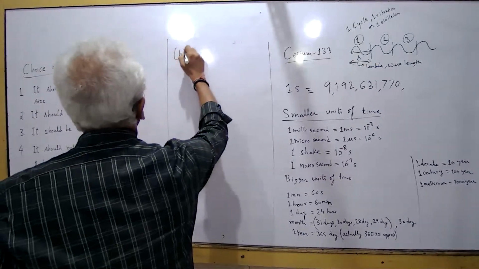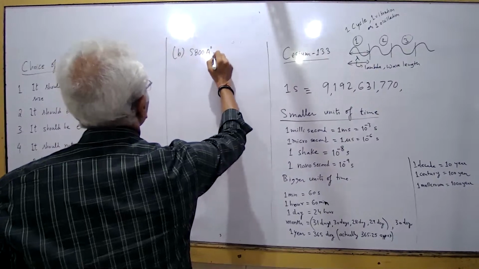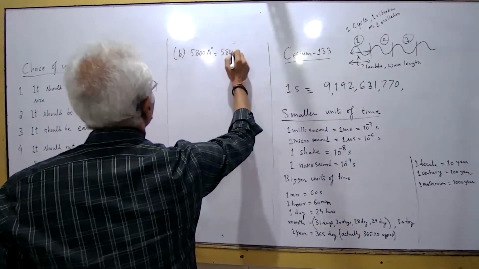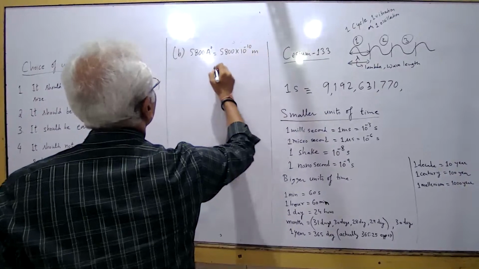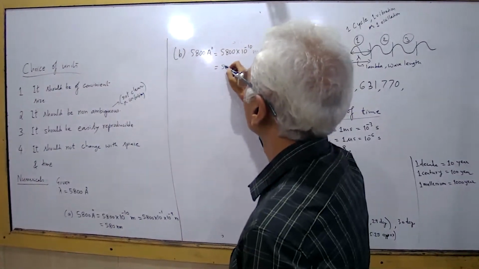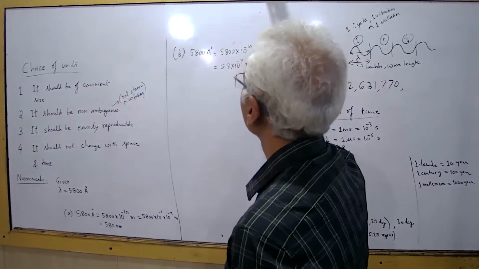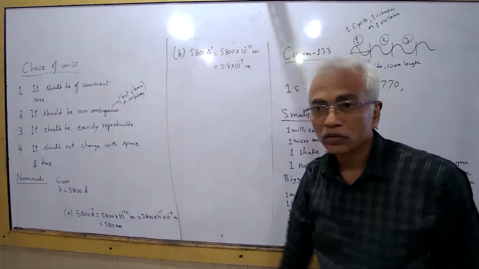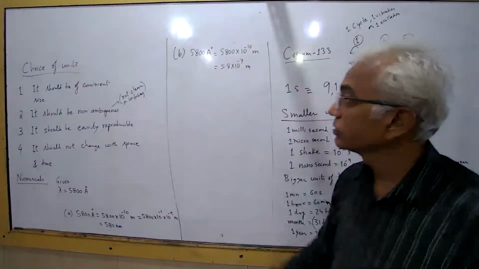So 5800 angstrom is equal to 5800 into 10 raised to minus 10 meter. So now in the book the answer is given like this, so hope you understand how it came. 3 zeros, close it. So this is in meter.